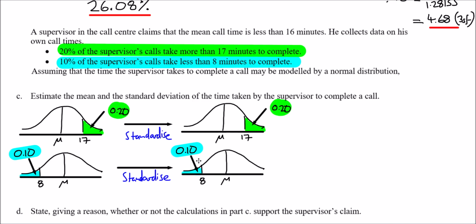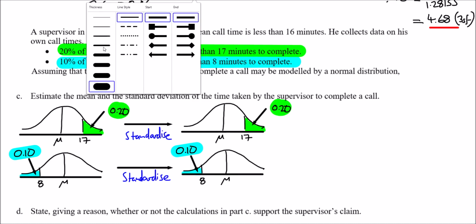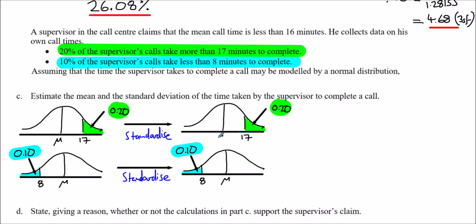The mean for all standard normal curves is going to be 0, and so this value here becomes 0 instead of mu. And the other values, we subtract mu and divide by sigma. So this here becomes 8 minus mu, divided by sigma.